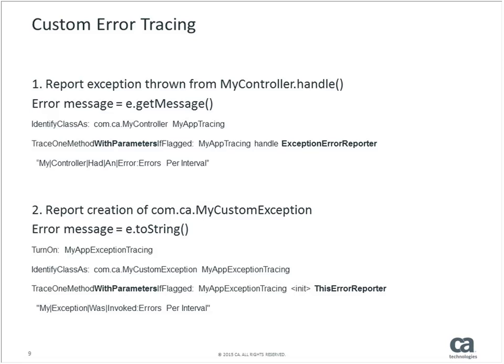We use this error reporter tracer and put it on the init method, which is basically the code for the constructor. So when my custom exception is constructed in the code, this error reporter will increment the errors per interval metric, and the error message will be the toString method of the exception.